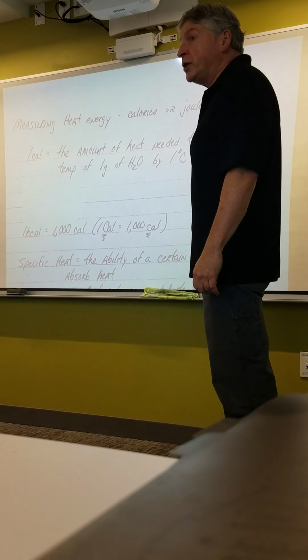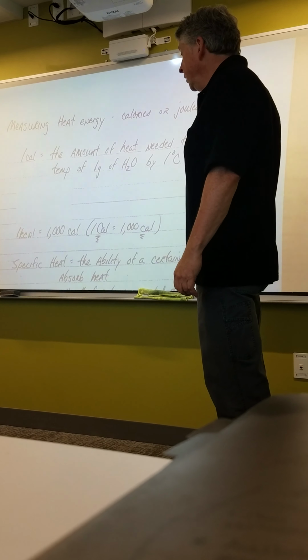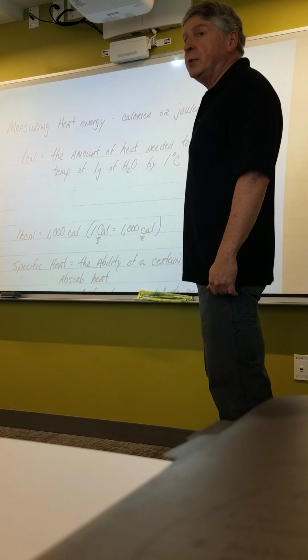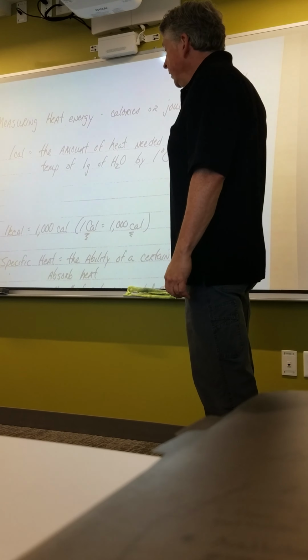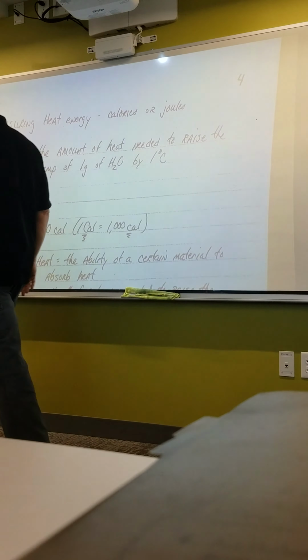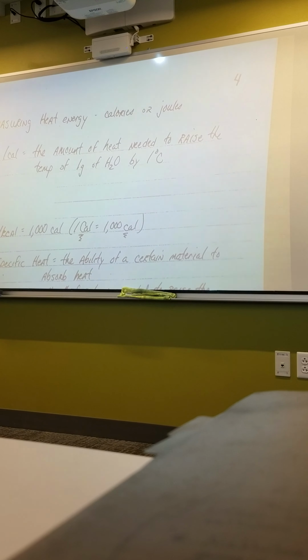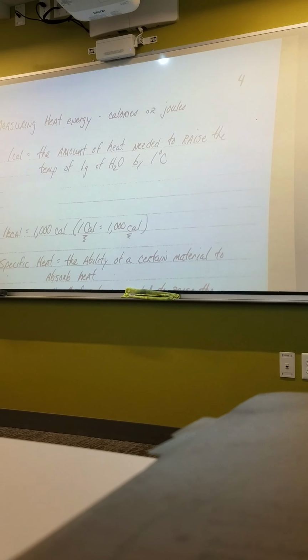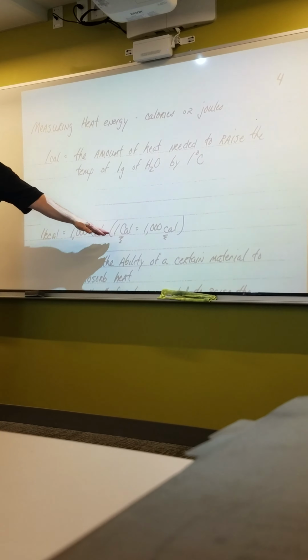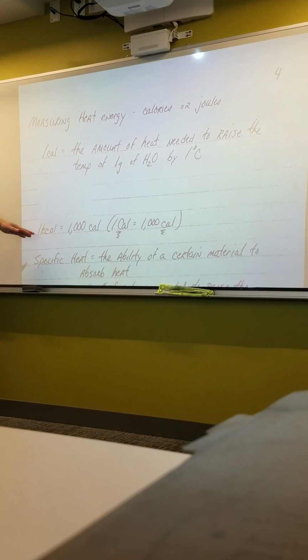And then 1 kcal. Food energy is calculated in kcals. And you guys have to take nutrition someday? Well, if you're getting into nursing, yeah, you will. So 1 kcal is 1,000 calories. Here's where it gets confusing. Don't shoot the messenger, I didn't make this up. But 1 Calorie with a capital C actually means a kilocalorie.